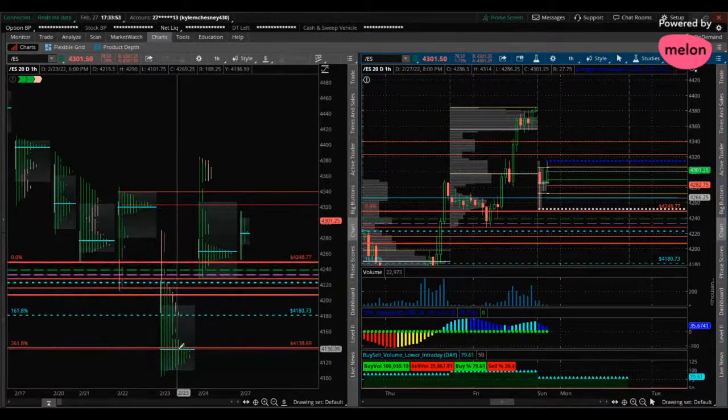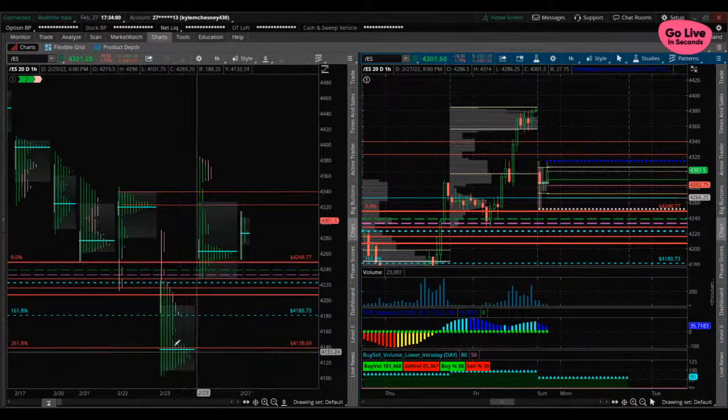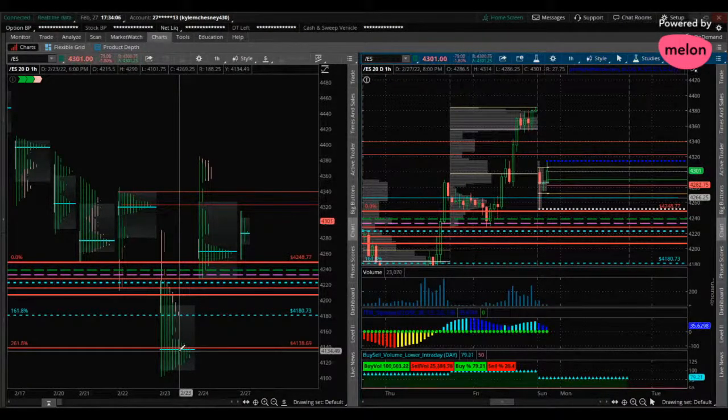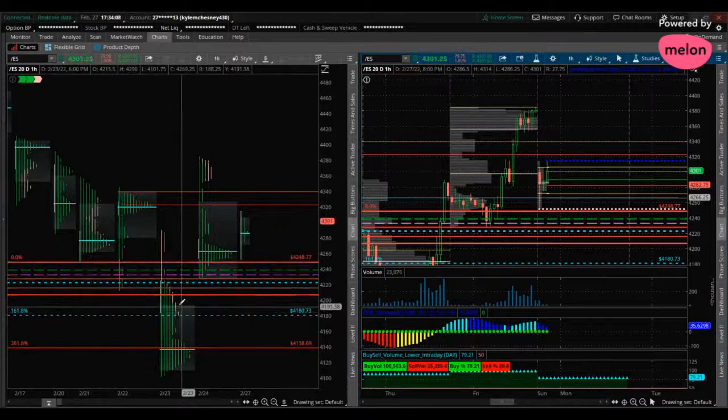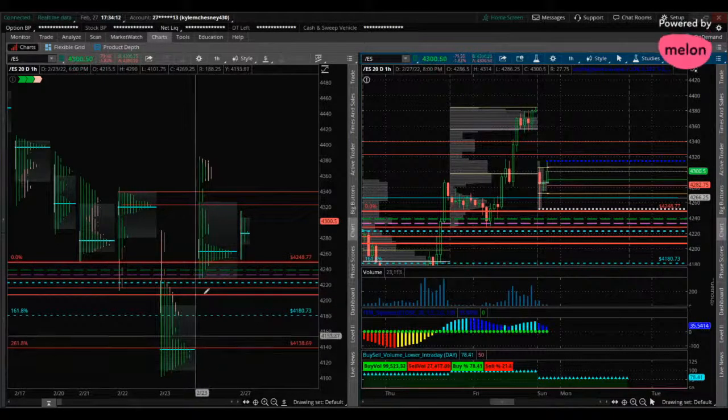If we see that here on 223, the most volume occurred here, which happens to be part of our fib levels. So the most volume occurred at a fib level, which is something I will talk about in an educational video. Then we have this gray area highlighted. This shows us our value range.